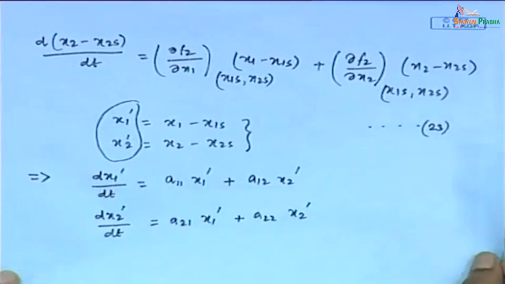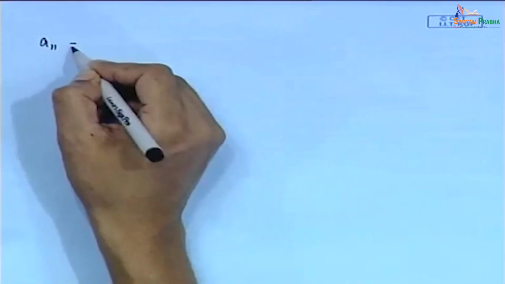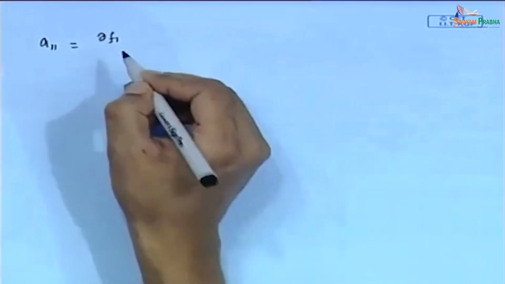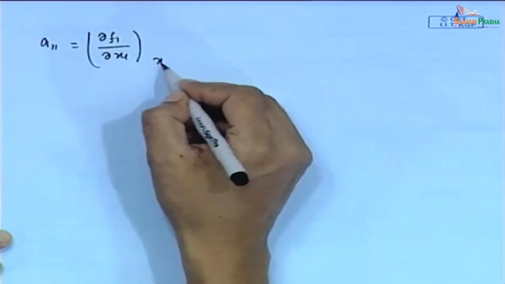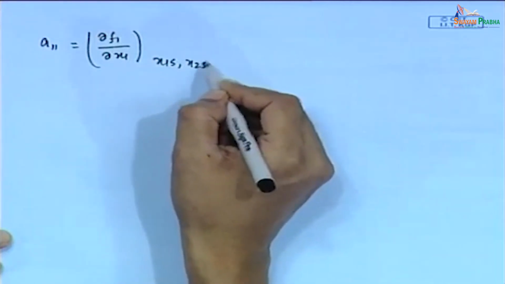If we write in this way, what will be the coefficient terms? A11 is the partial derivative evaluated at x1s, x2s.